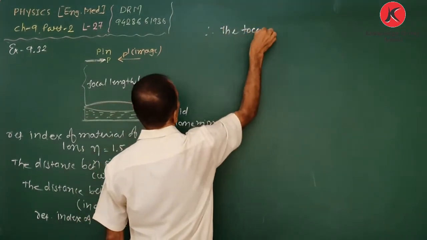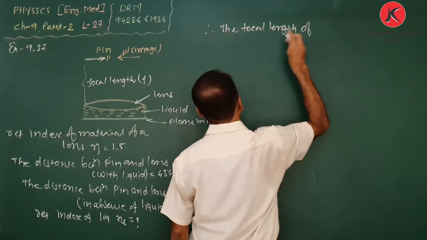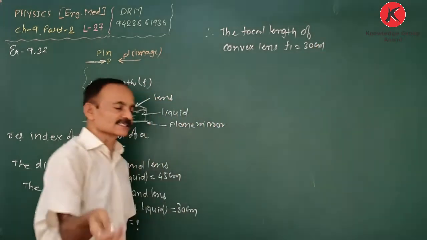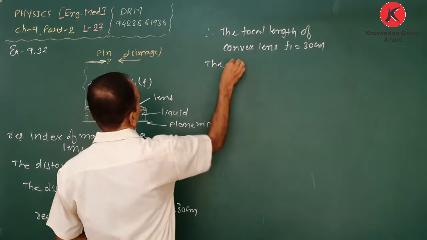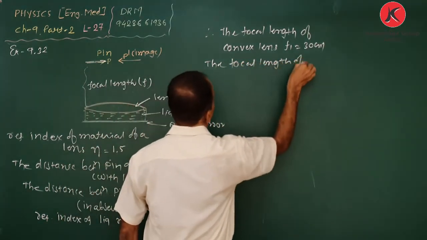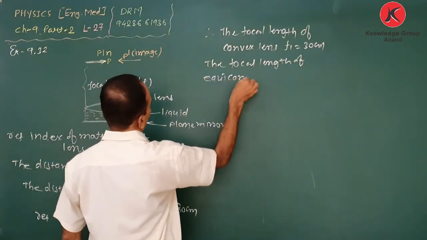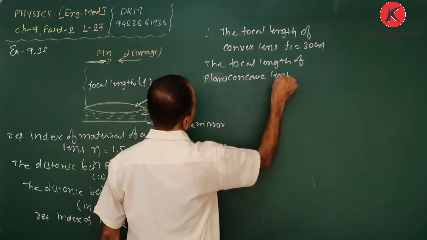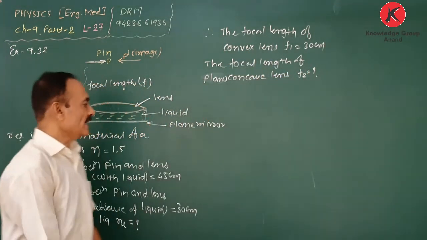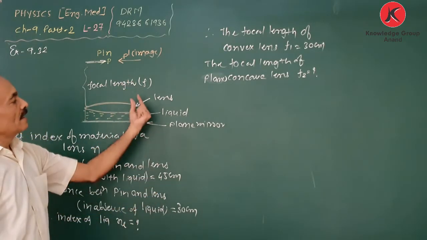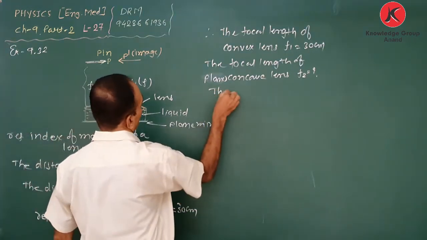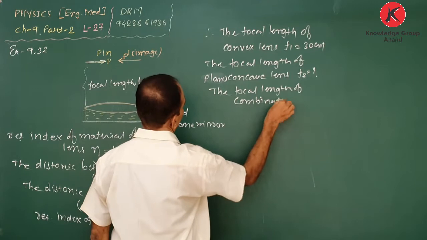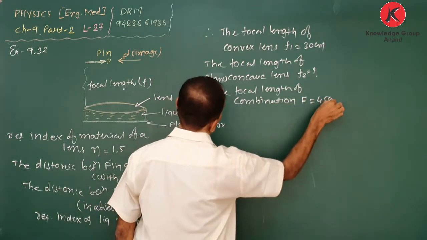The focal length of the convex lens is F1 equal to 30 centimeter in absence of the liquid. The focal length of the plano-concave liquid lens, F2, we have to find. And the focal length of the combination is F equal to 45 centimeter.